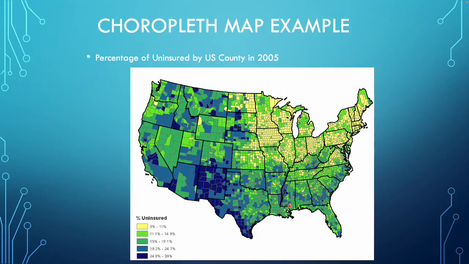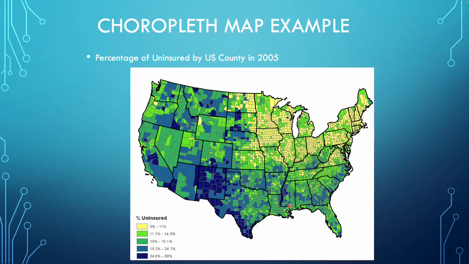So what we have shown here is what is called a choropleth map. You may have noticed that word in the chapter. How many people noticed that it talked about choropleth maps? This is going to be something we'll talk about the rest of the semester, basically. It's likely some of you will employ choropleth maps for your project, because it's just a colored map.